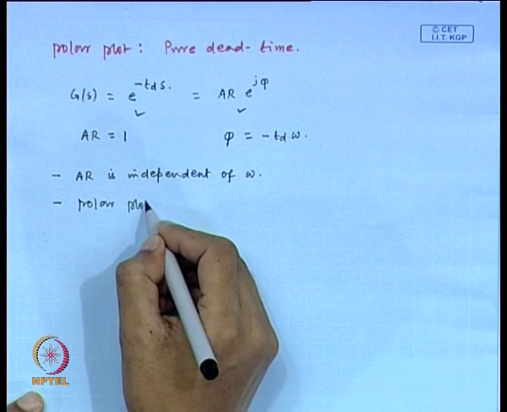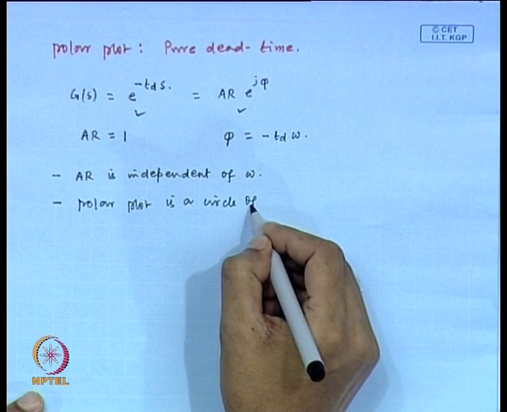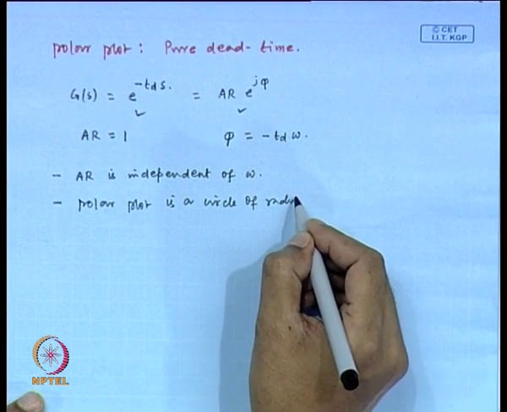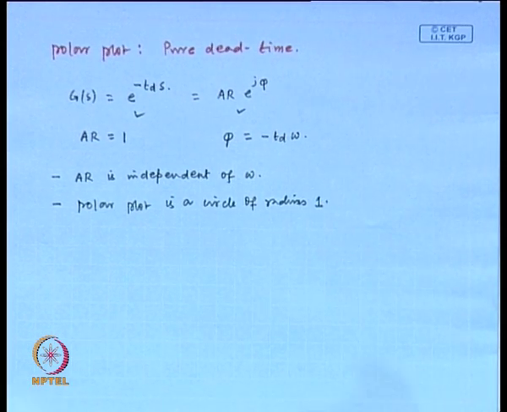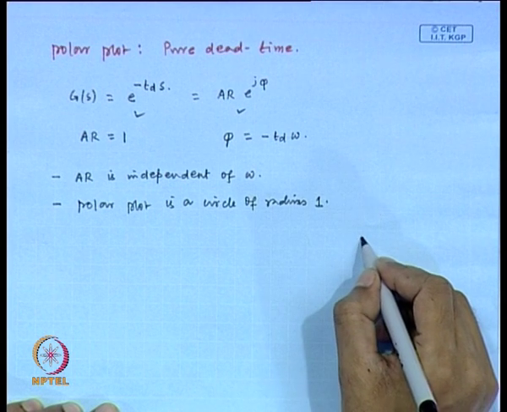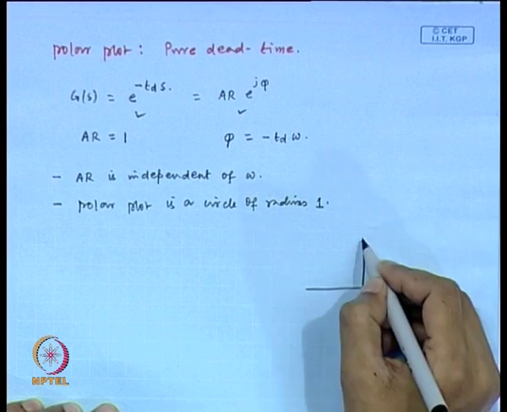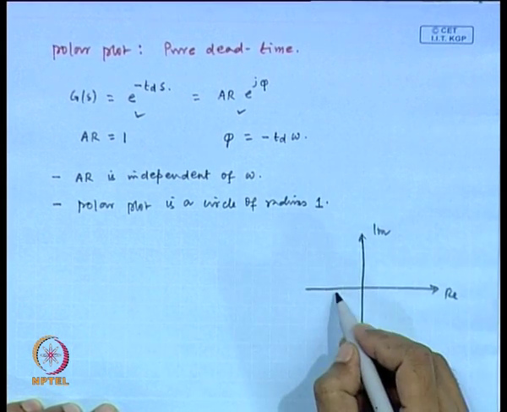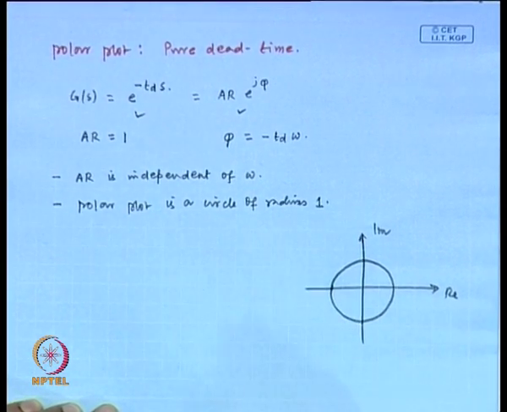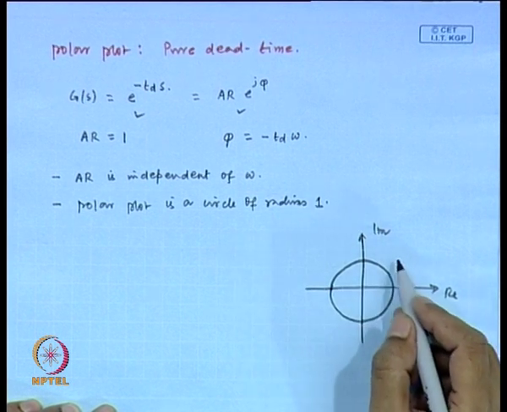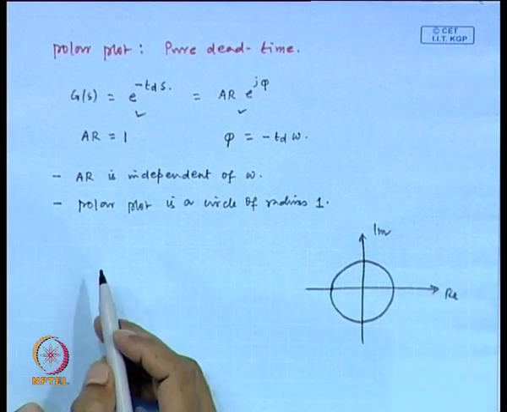So, polar plot is a circle of radius 1. This is real axis, this is imaginary axis. Amplitude ratio 1 means the polar plot is a circle of radius 1.